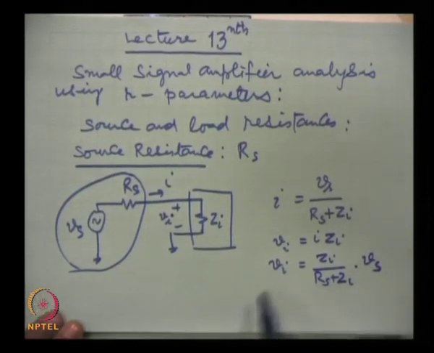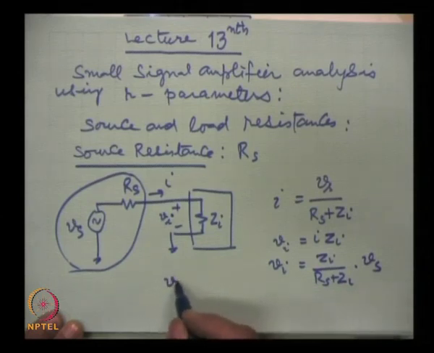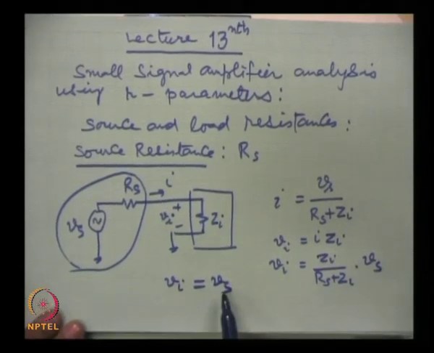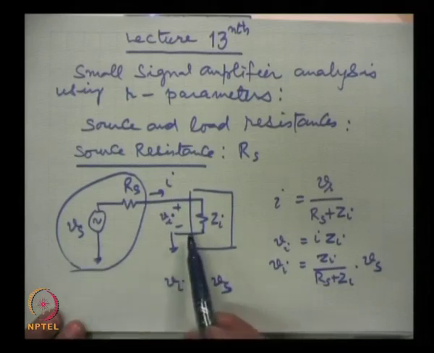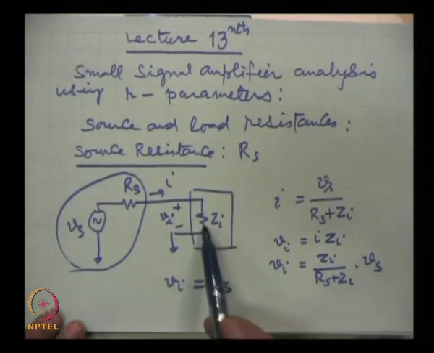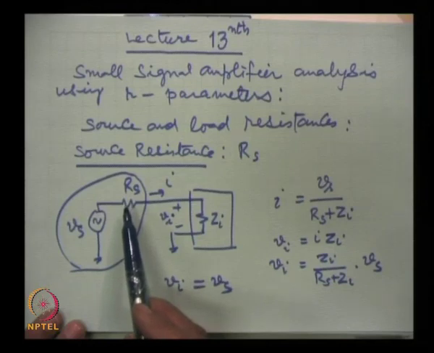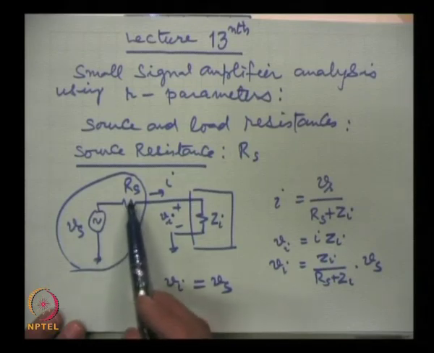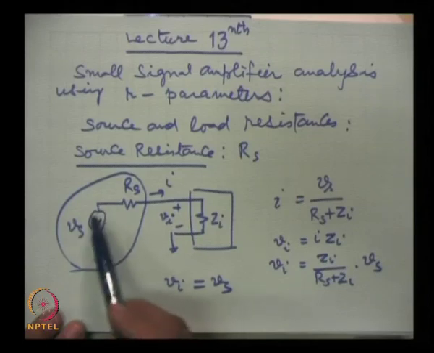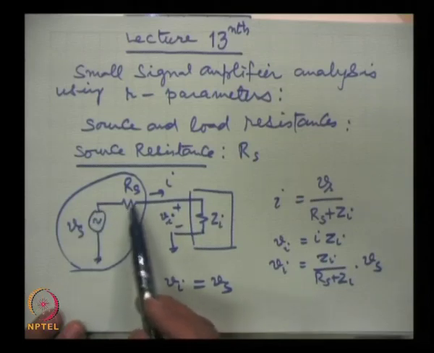Now, from this expression you can see that V I will be equal to V s, that means there is no signal loss. As much as we are applying, the same is available for amplification at the amplifier. This is the amplifier, Z I is the input impedance of the amplifier, R s is the source resistance, the source impedance. That is, if it is an oscillator, then whatever impedance the oscillator has.